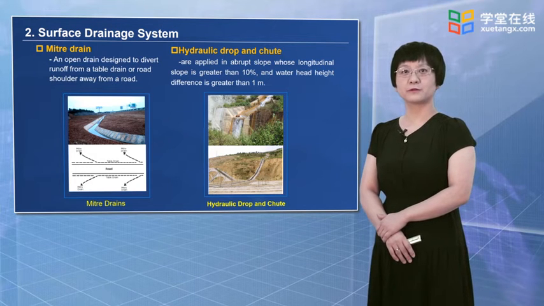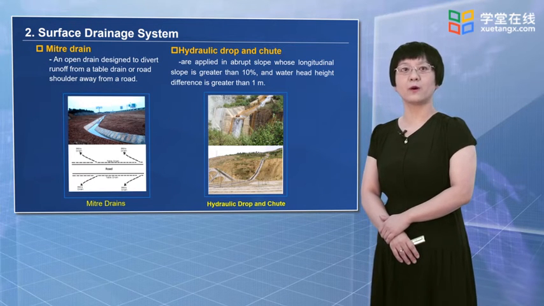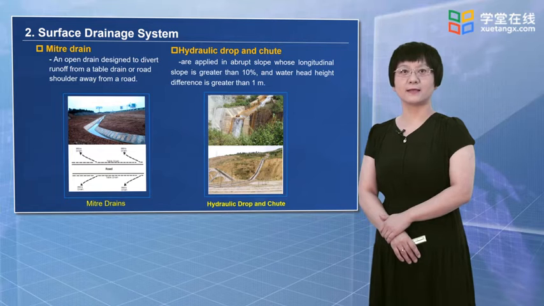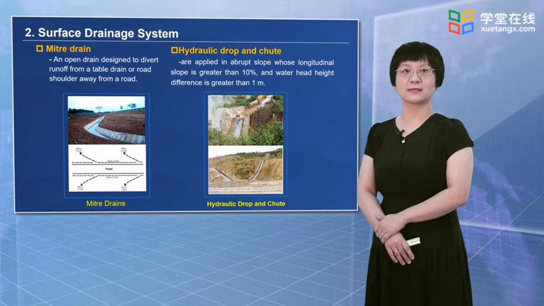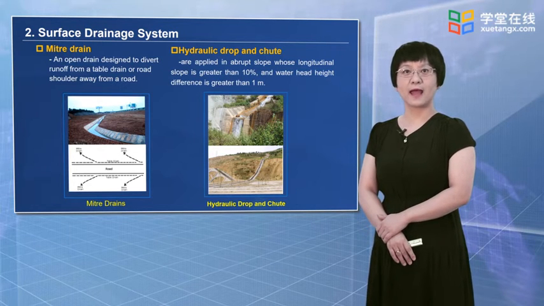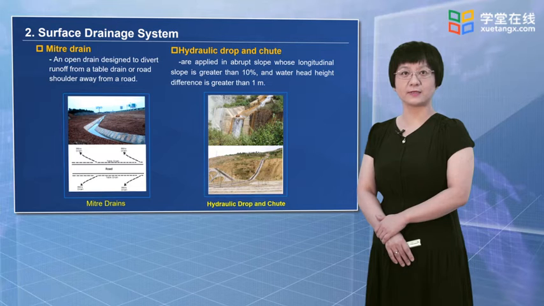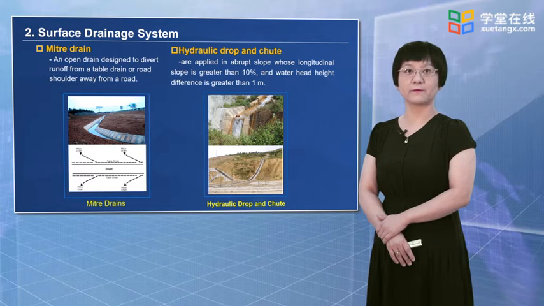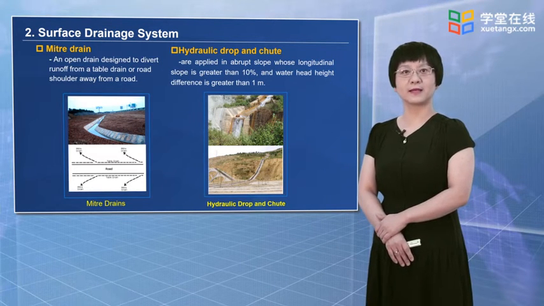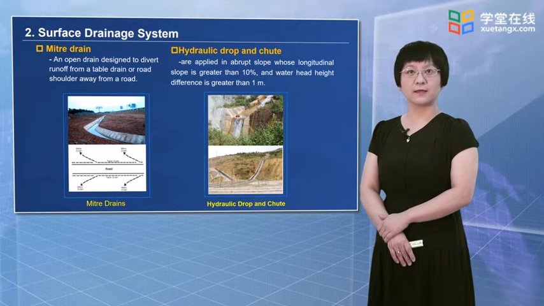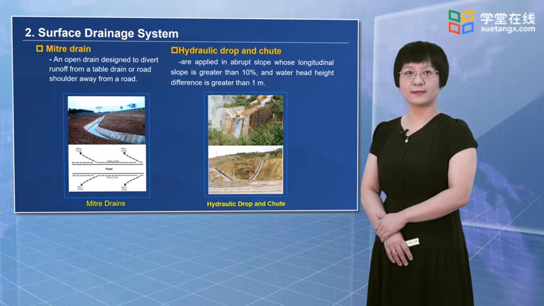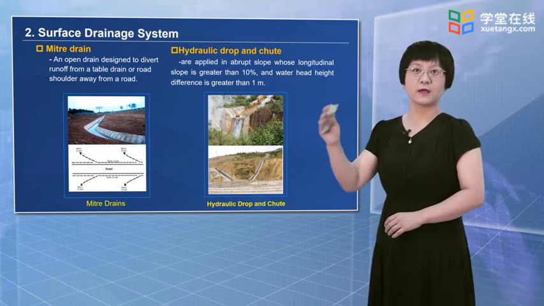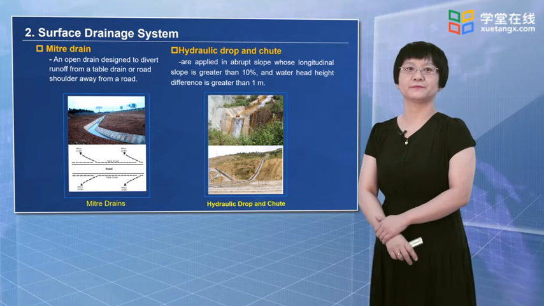Chute refers to the channel on a steep slope and is also known as the suspended ditch. This type of drainage facility is usually used for leading pavement water into the fill subgrade side ditches, or leading the water from the interception ditches into side ditches.